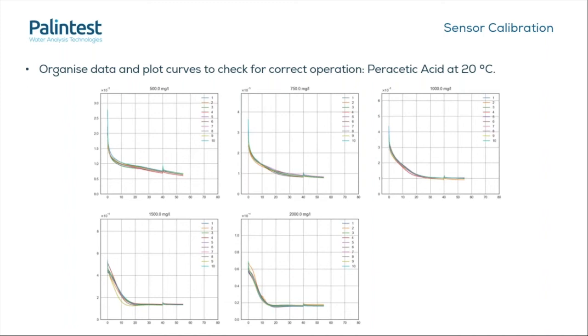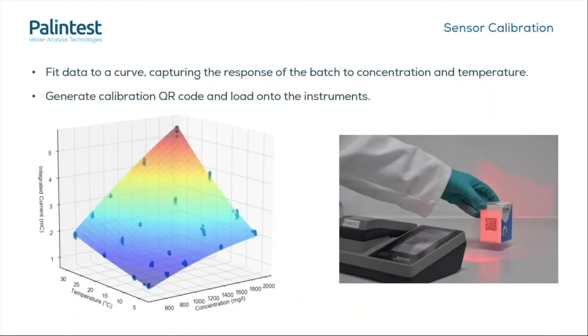This is all then fed into a 3D model, which is represented by the lovely rainbow plot on the left there. You can see that for a given temperature or concentration, this relates back to current. This is all captured in a QR code, which you then scan into the Cameo unit as shown in the picture on the right.